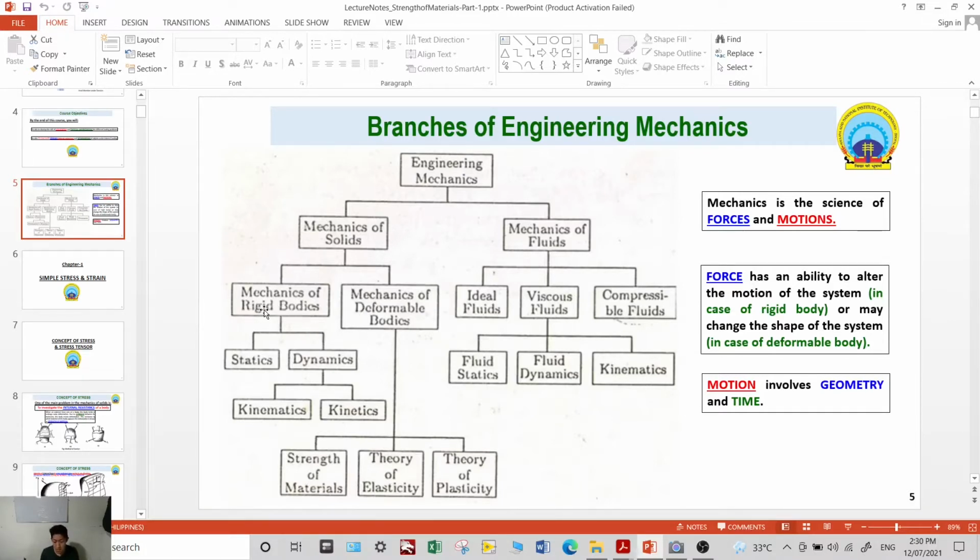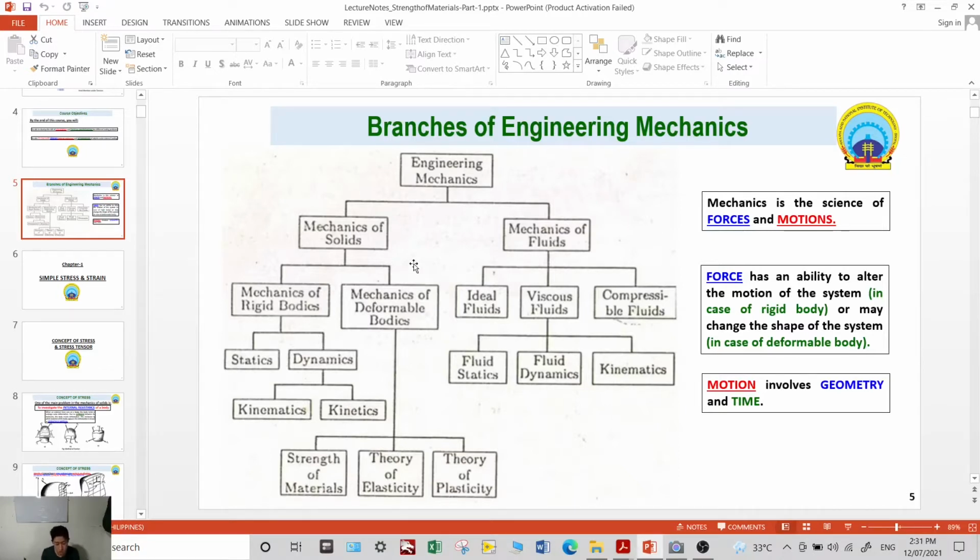Rigid, by the term itself, means it does not deform in shape or change its properties within the body. Under that, you have statics and dynamics. Statics is ENS 161 and dynamics is ENS 162.